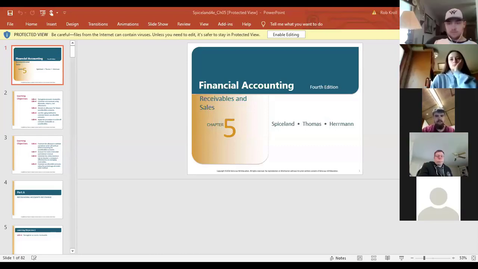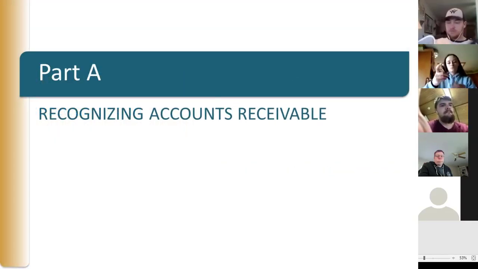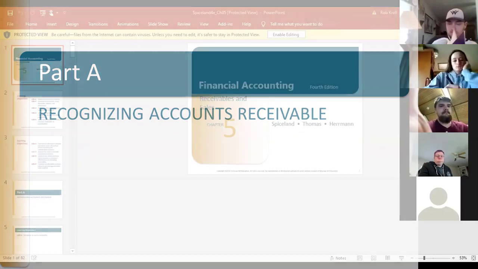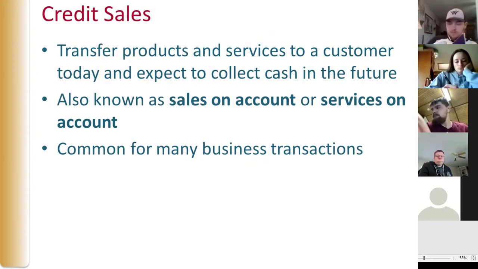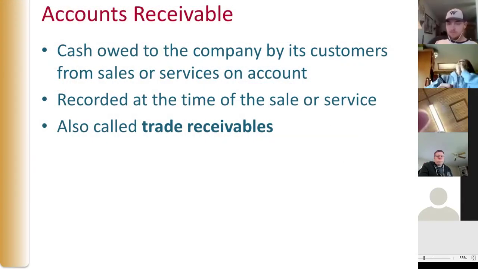Awesome, I appreciate that. Okay, so the first main thing, and it will also be on the Kahoot quiz and on your chapter quiz, is that this chapter is about accounts receivables. And with accounts receivables, we're talking about revenue on account, right? You provide a service, just like this first slide says, and you don't get paid right away.